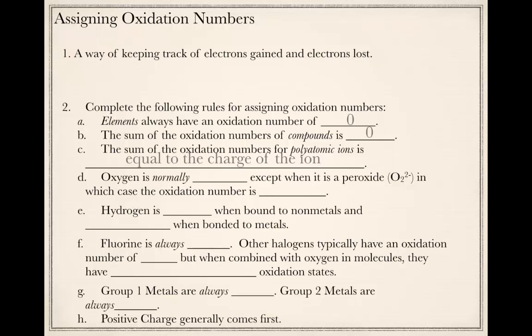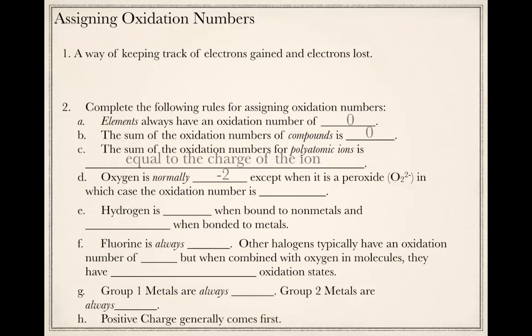Now, the oxidation number of oxygen is normally -2. Keep in mind that instead of writing 2-, which is the charge of oxygen, in order to distinguish between the charge of ions and the oxidation number, we write it in reverse. So we write -2 instead of 2-.